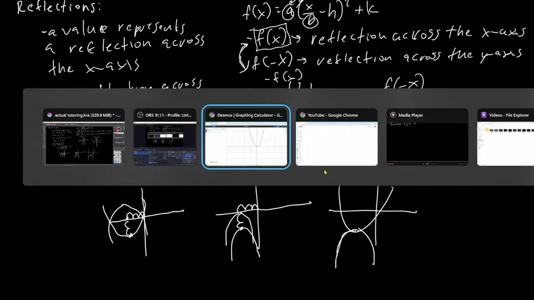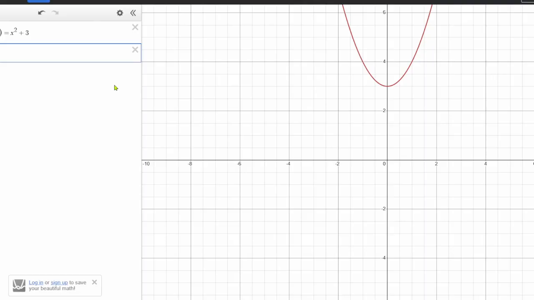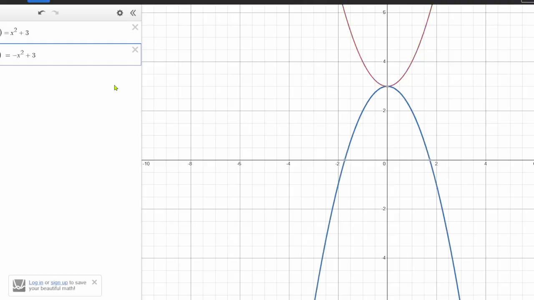We can see this on Desmos, actually, when you have f of x equals x squared plus 3, let's say, because that's a better example. If we make the a value negative, g of x equals negative x squared plus 3, we see it's the same function. And then we make it negative, it doesn't flip across the x-axis, it actually just flips from the vertex, it flips down because of PEMDAS.